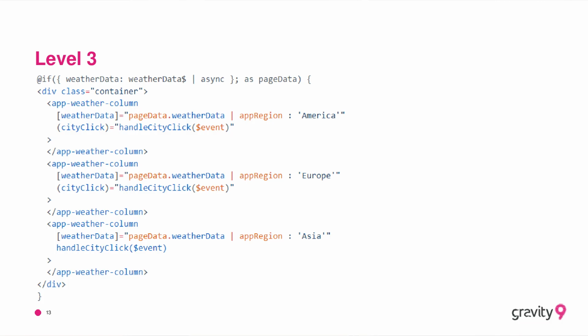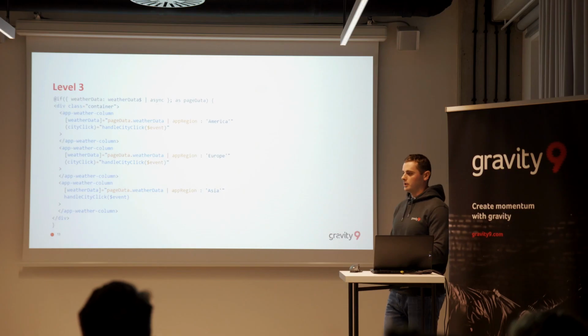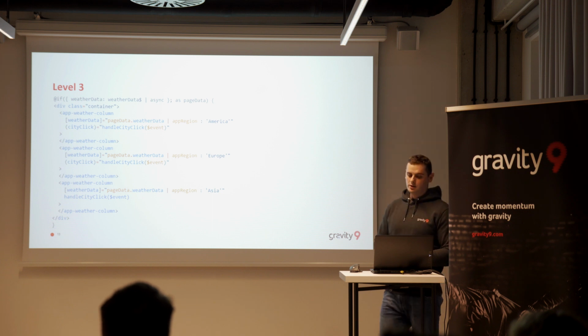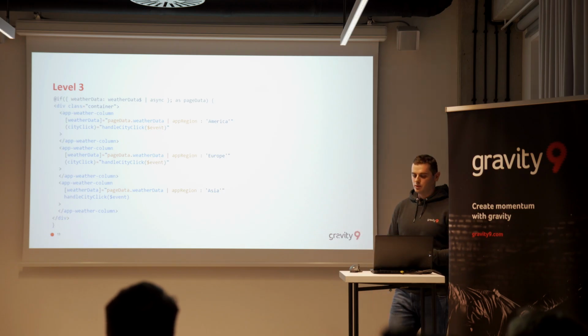For example, we can fetch data from different API, and the only thing that we need to care about now is to match the contract of the weather column component, so we need to pass the correct type of data to it. But it doesn't matter where this data comes from, so it can come from some kind of cache, it can come from NGRX store, or it can come from some service. It doesn't matter to the weather column components. That's why it's now almost fully reusable.